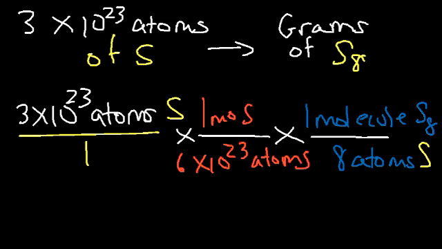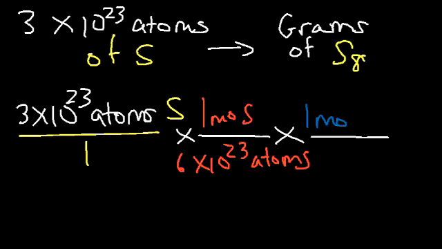Another way we could have done that, let's change it. We're still going to have the 1/8 ratio. So the number is going to be the same. The answer is not going to change. But instead, what we're going to say is that we know that there's 8 sulfur atoms per 1 molecule of S8.